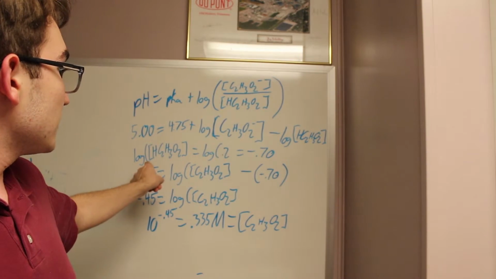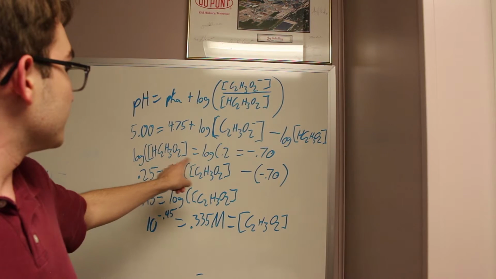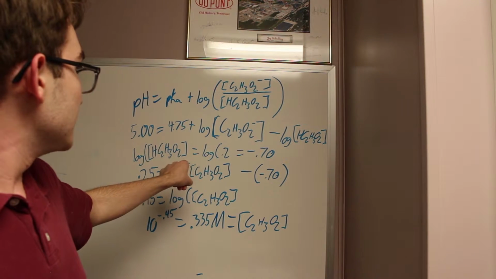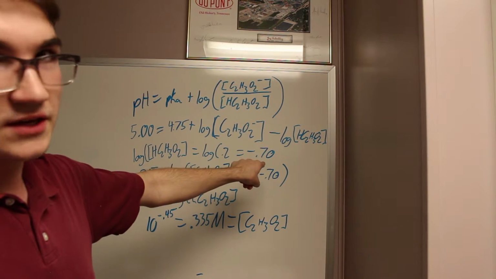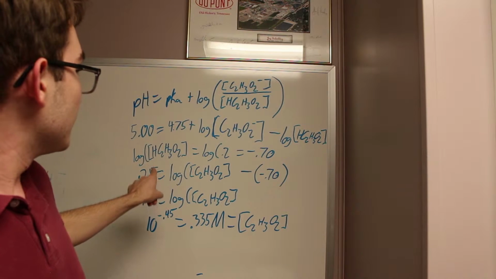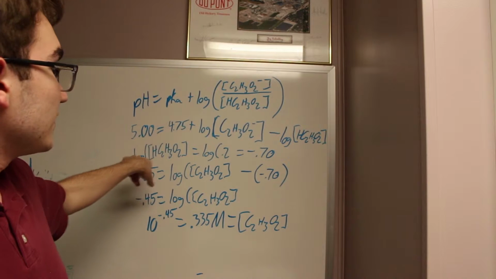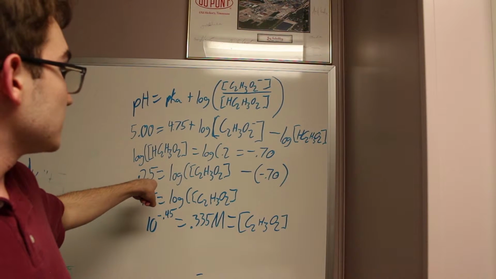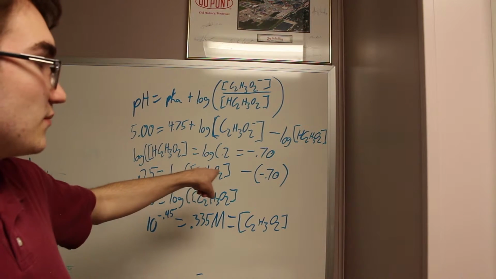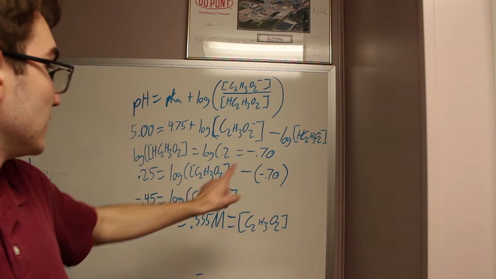So the log of the acetic acid, 0.2, equals negative 0.70. 5 minus 4.75 equals 0.25, so we can eliminate that step, which in turn equals the log of the acetate minus negative 0.70.